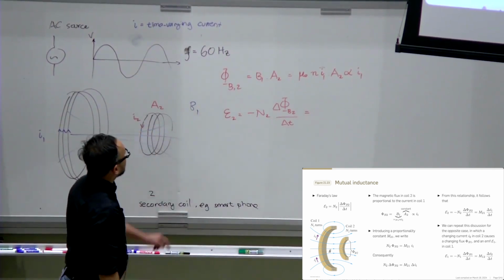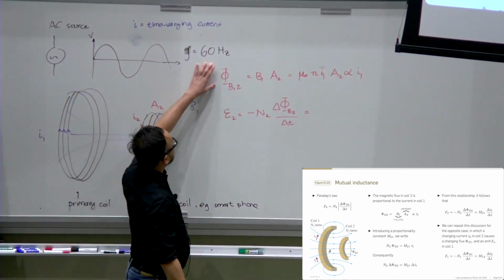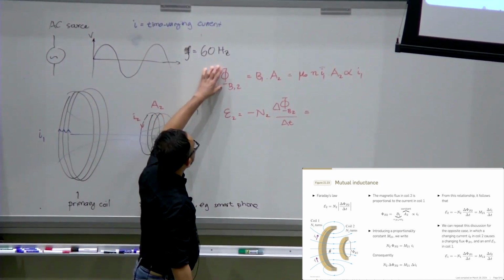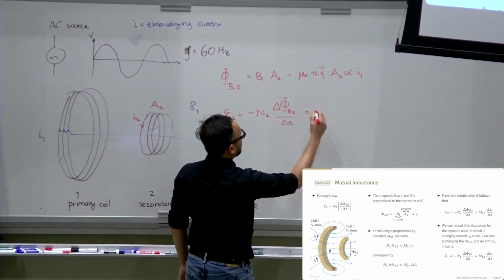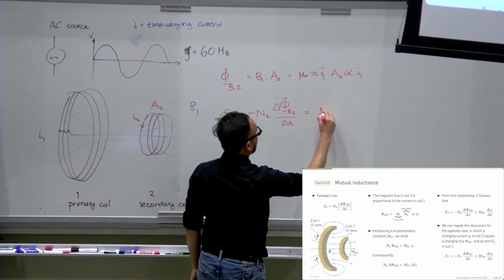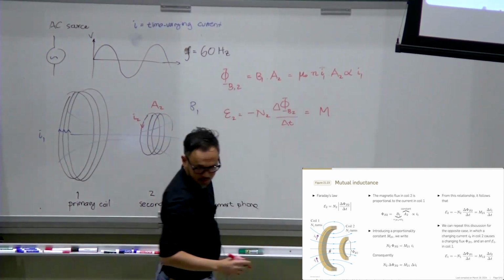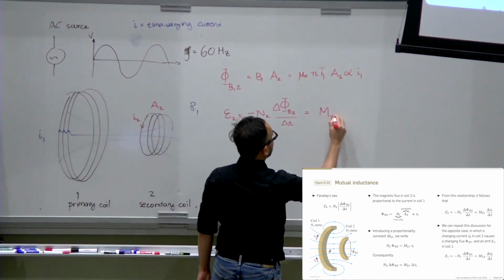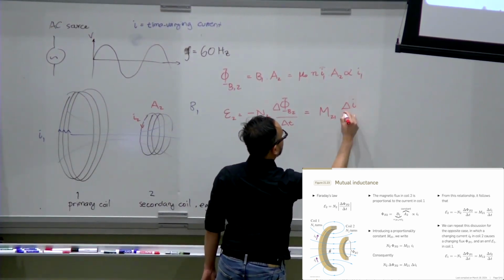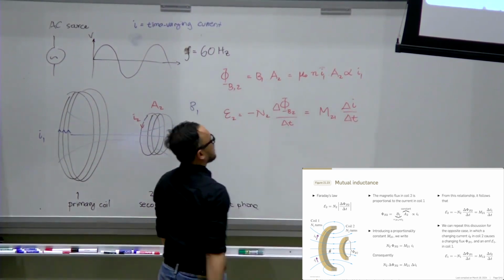Since the only thing that changes in the flux is the current, physicists and engineers just come up with a constant, which is M21, times the change of current divided by delta t.